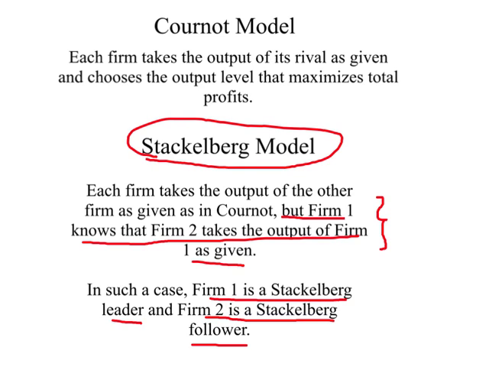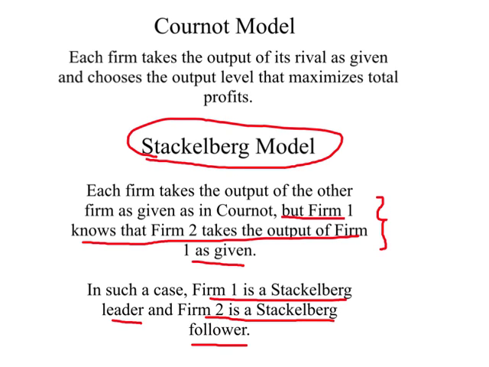Now if you assume this, that firm 1 is the leader or the smarter firm and firm 2 is the follower or the dumb firm, in such a case, what kind of outcome would you expect? And this is what you would expect because firm 1 can manipulate firm 2 to its own advantage.